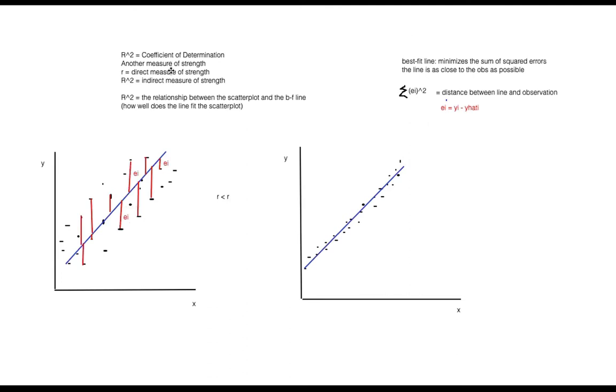Okay, so you do this for every single observation. You calculate the e_i for every single observation. You square it for every single observation. And you add together all of these squared values. And then that's what gives you sum of squared errors. So simply, the sum of squared errors is going to be this distance squared, and you add it together for every single observation.